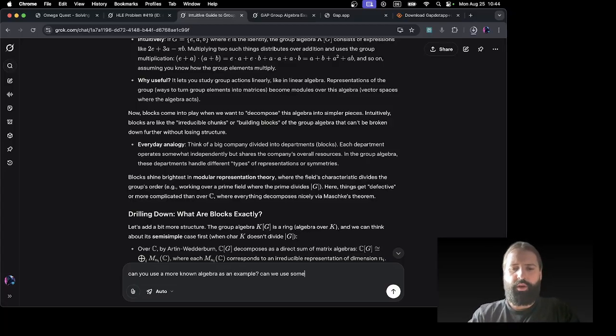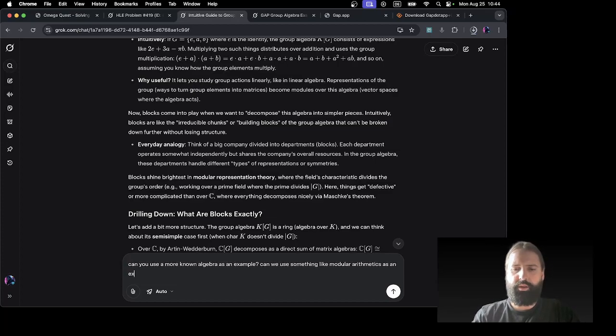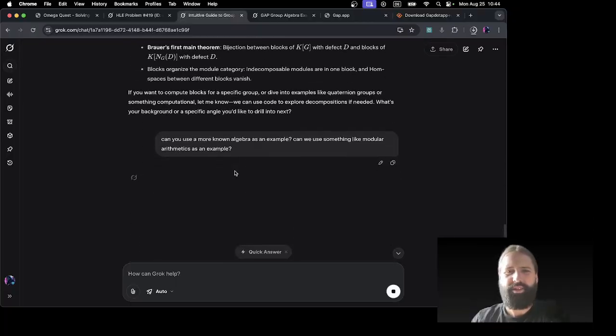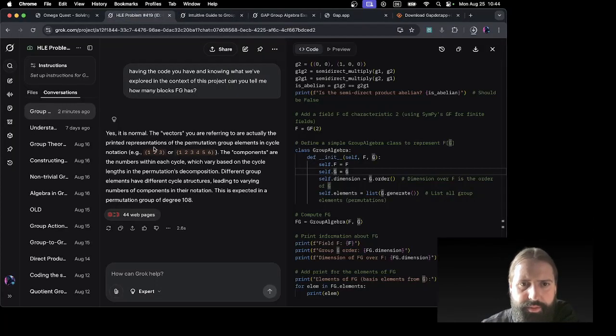Can we use something like modular arithmetic as an example? Something like this. Okay, wait. Yes, it is normal. The vectors you're... What?